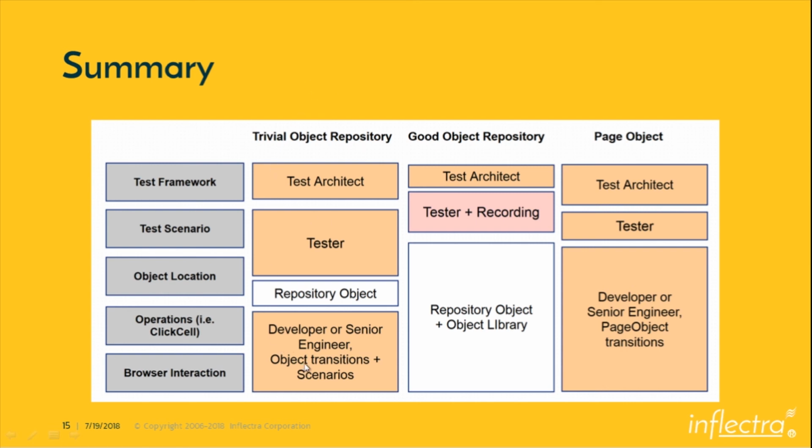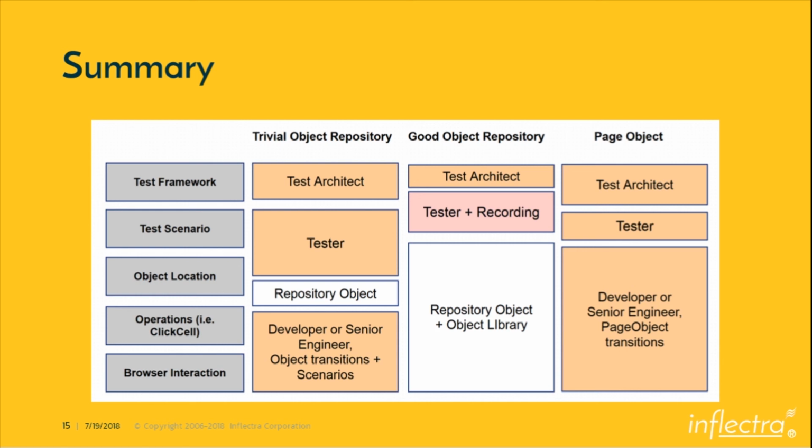It is something really small. It's not a big achievement. It may be some little economy of time. And with a good object repository, this white rectangle is much bigger, because much of the work that you have to do with other approaches is already done for you.